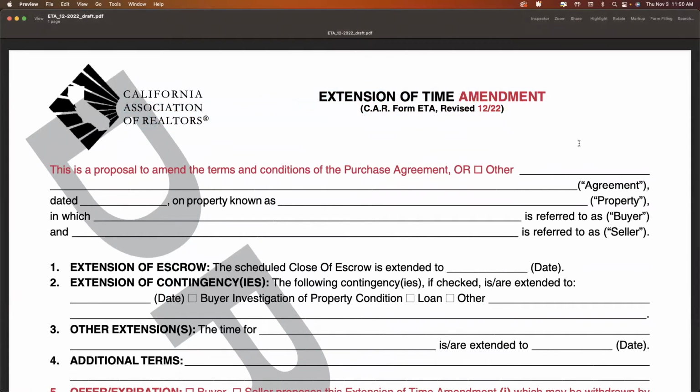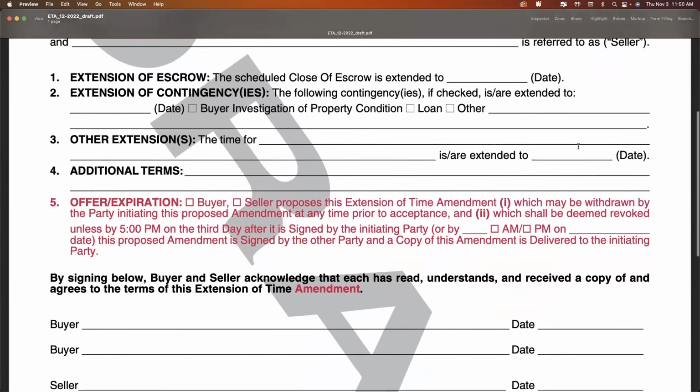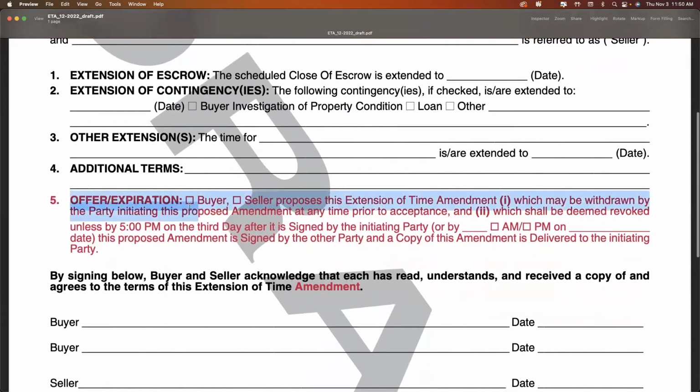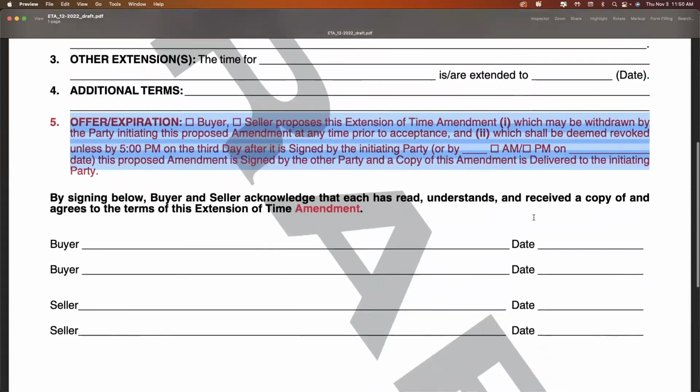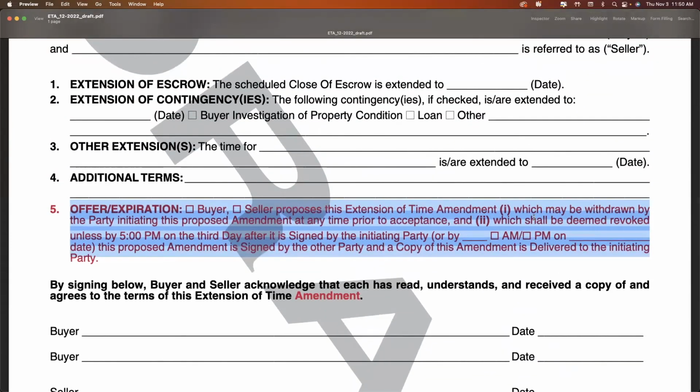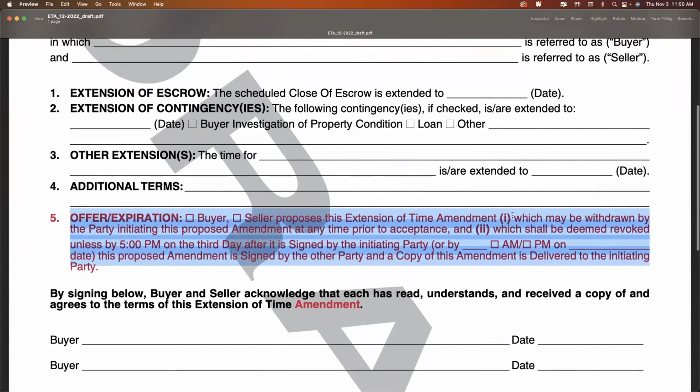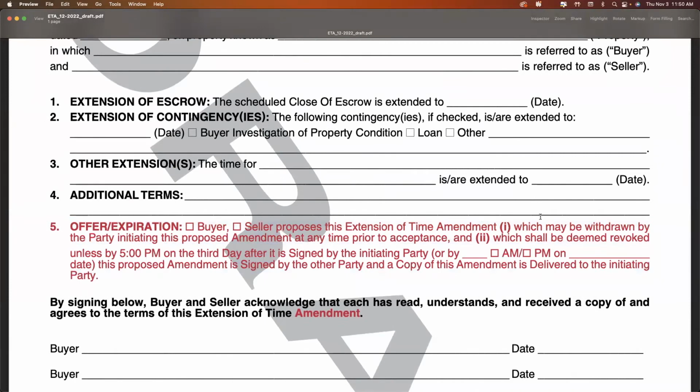And the reason they did that is that they added an offer expiration to the ETA, which means now if I send, right, I'm the buyer's agent and I'm asking for an extension of my close of escrow, extension of a contingency period, any other terms that I'm extending, whatever it might be.